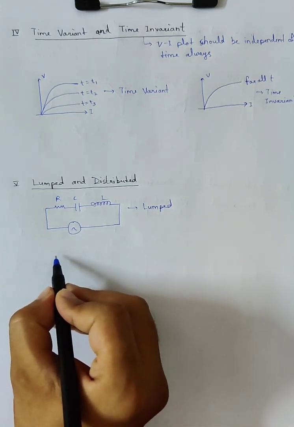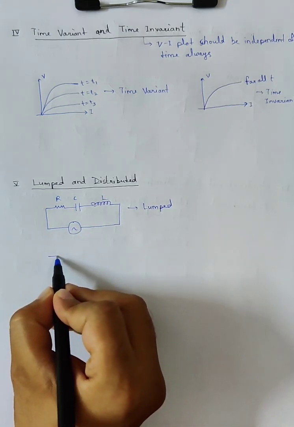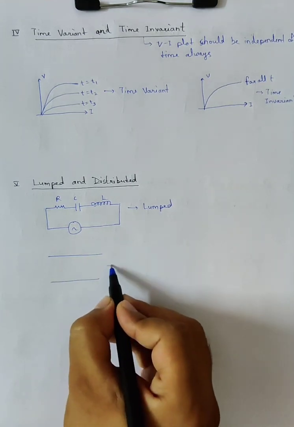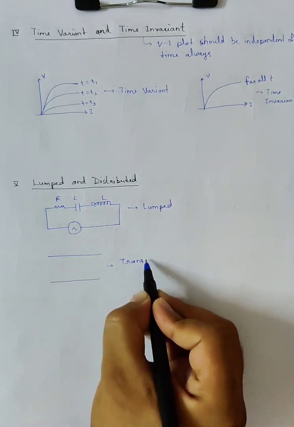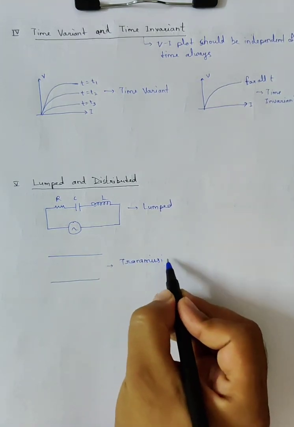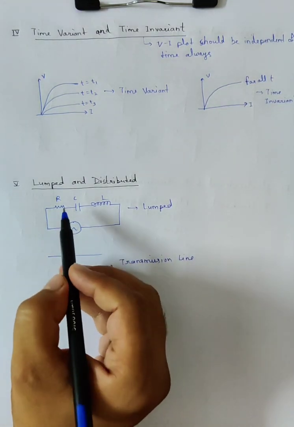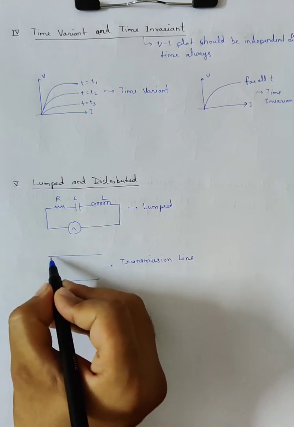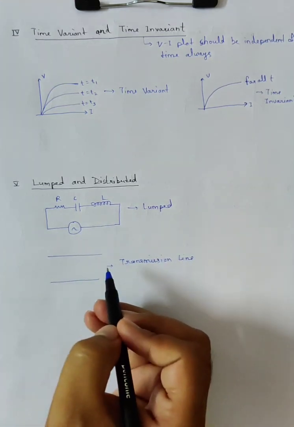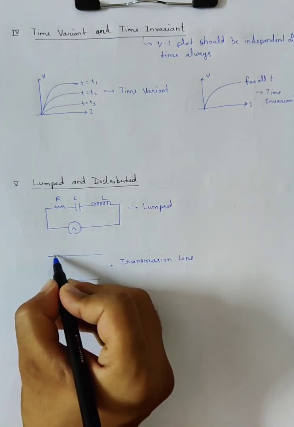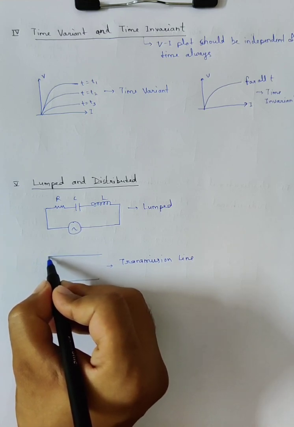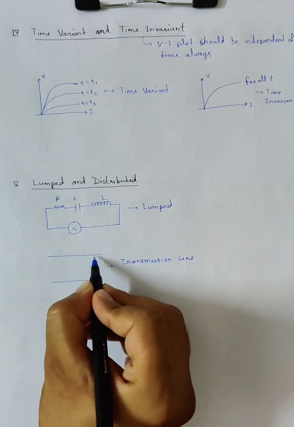For a transmission line, this is a transmission line. The elements R, C and L are distributed over a length. Like R is not accumulated at one point, it is distributed over the whole length.